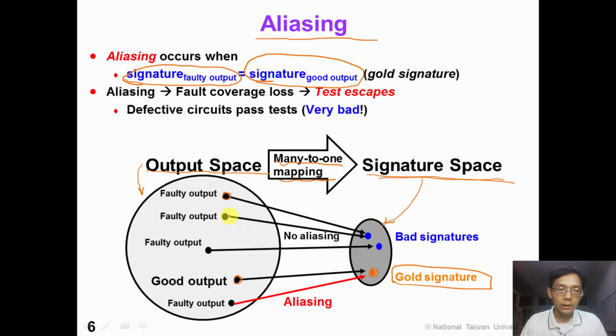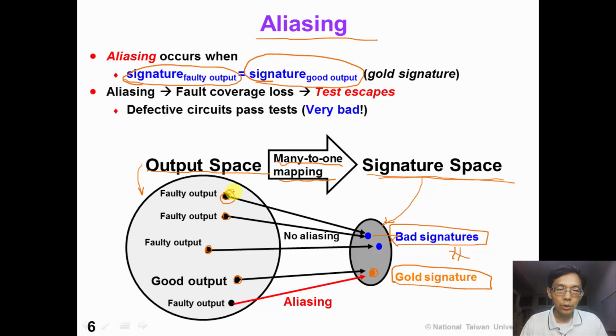The other dots represent faulty CUT outputs. They are compressed into blue dots, which represent bad signatures. Because the bad signatures are not the same as the gold signature, we can easily tell them apart.